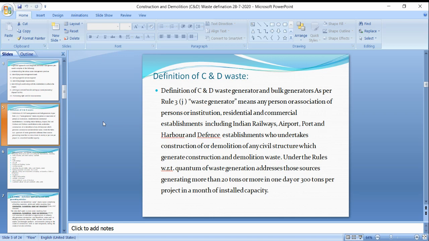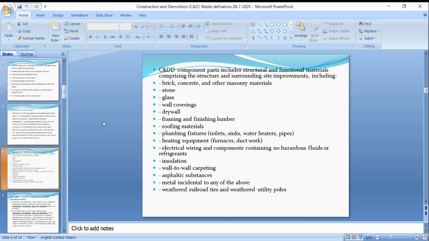If one project is constructing, it is generating 300 tons of waste. If we are going for a small project, 20 tons per day. So that much waste is dumped in one day.